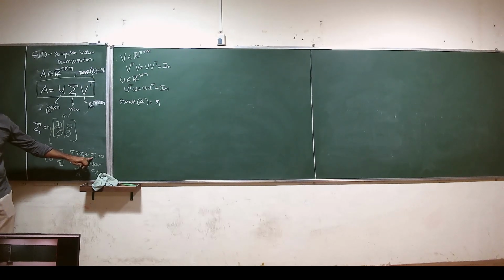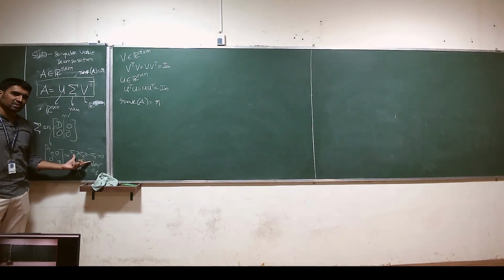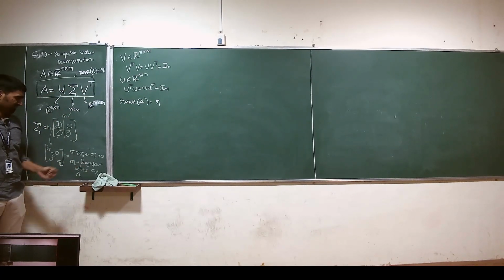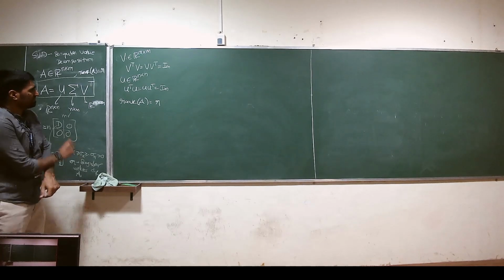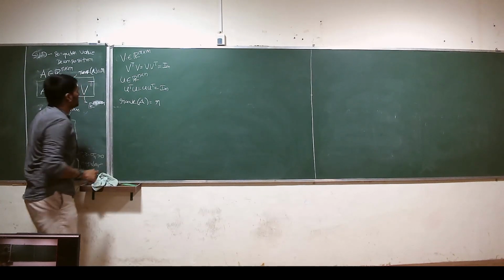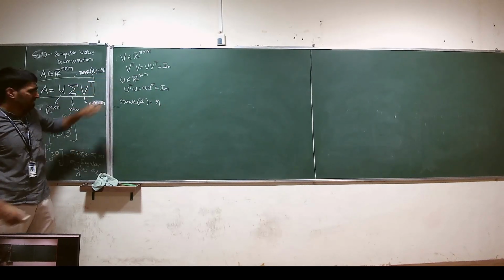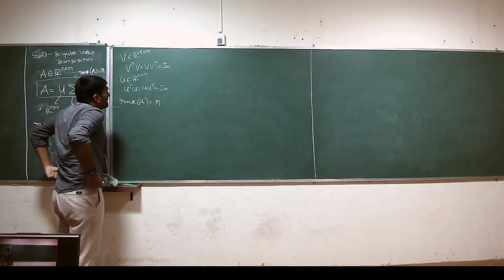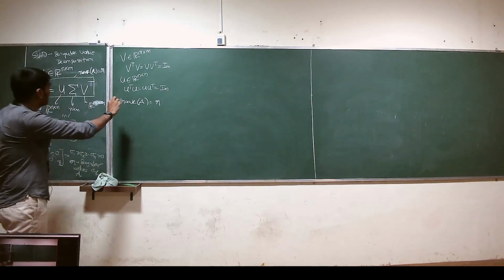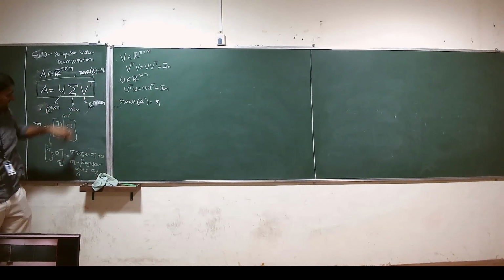They cannot be negative. Okay, and if the rank is r, there will be r non-zero singular values. Okay, and U and V are orthonormal bases for Rn and Rm, and now you could ask, okay, what are these? How do we find out U, V, and sigma? Okay.